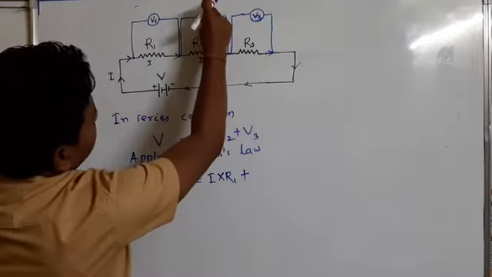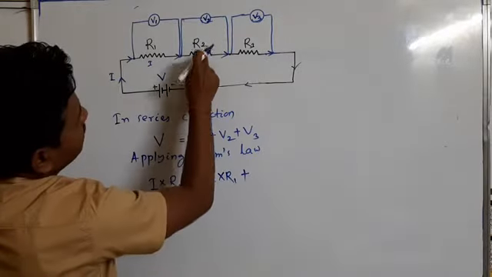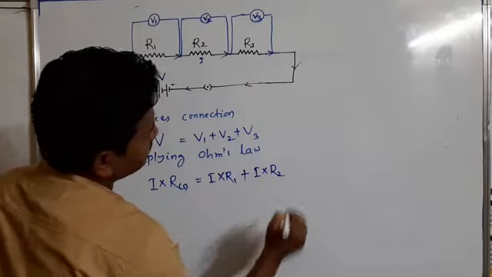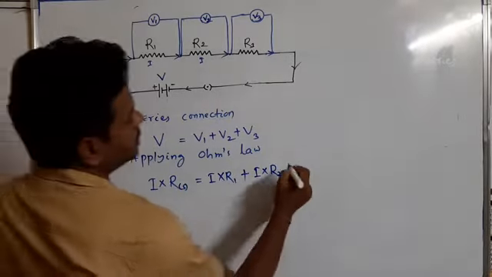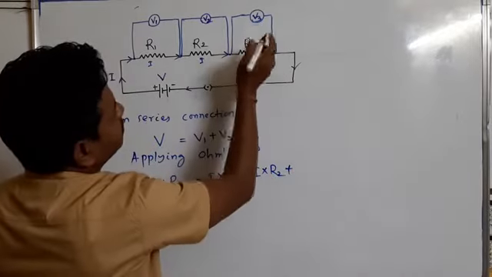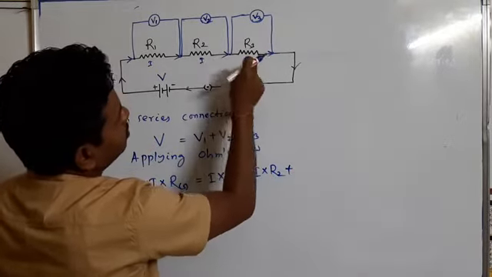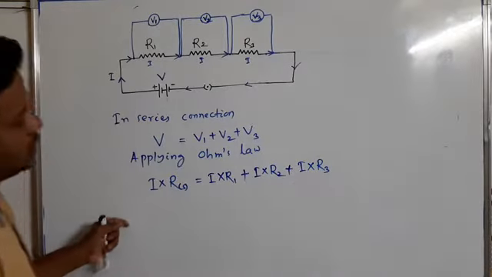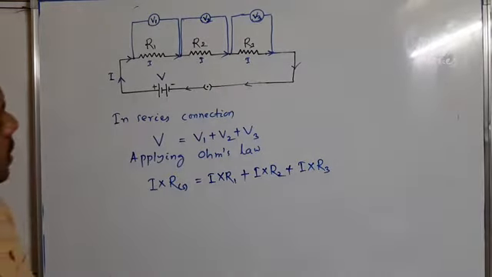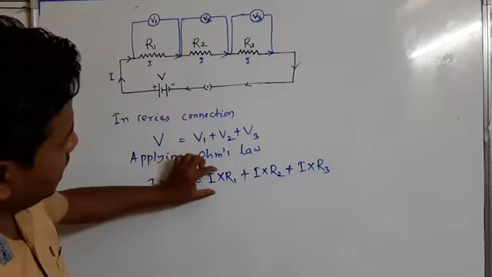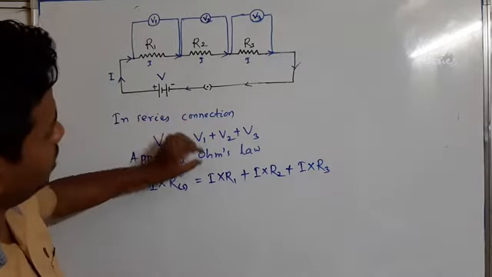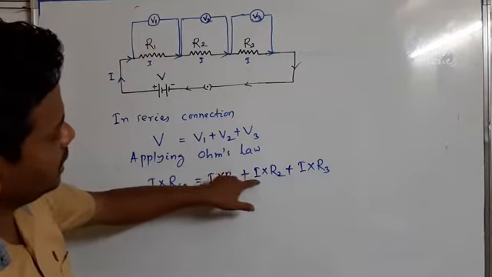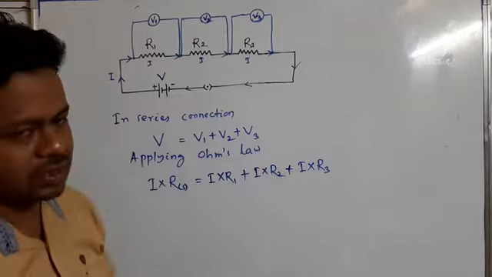So V2 equals I into R2, current into resistance. Similarly, V3, as the same amount of current is flowing, equals I into R3. So applying Ohm's law, V1 is I into R1, V2 is I into R2, V3 is I into R3.